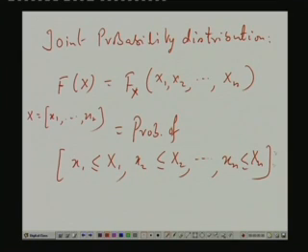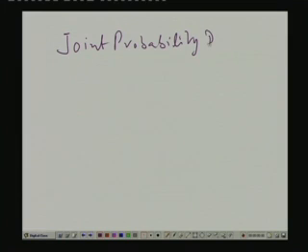By the same way, I can next define the joint probability density function. This simply you know that we have to differentiate the joint probability distribution function.